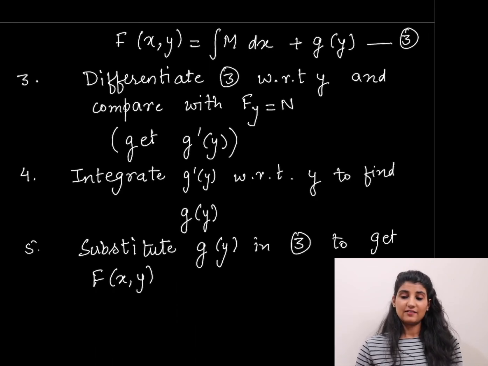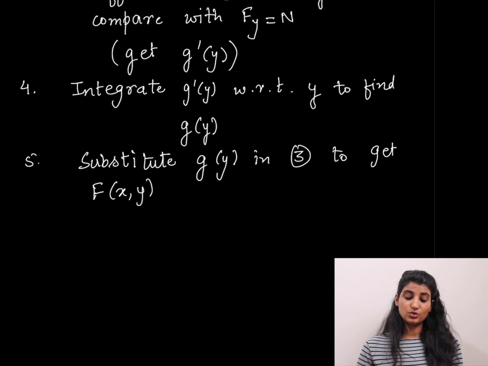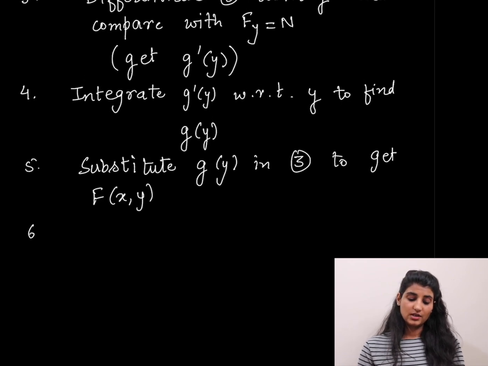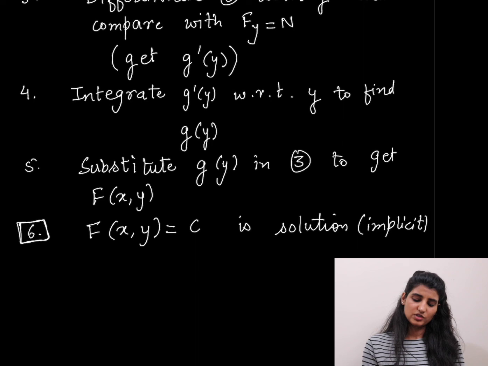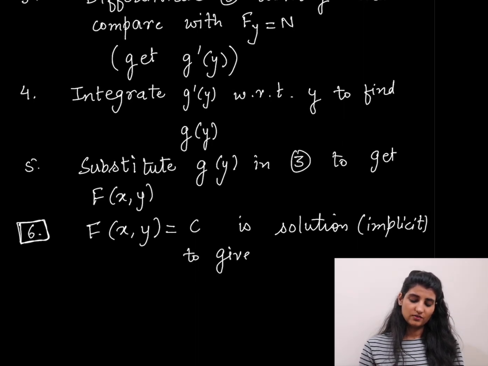Just calculating f(x,y) is not enough. We were looking for the solution. So step 6, don't just stop at step 5, step 6 is important: f(x,y) equal to c is the solution, possibly an implicit solution, to the given ODE.